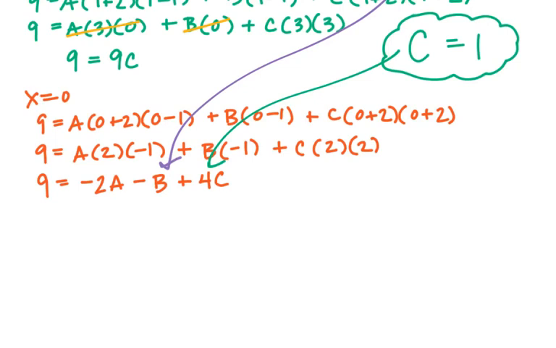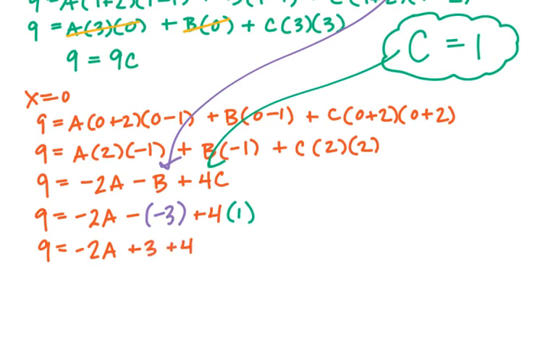And if I do that, we have 9 equals -2A minus, again, B is -3, plus 4, C is +1. So now I have 9 equals -2A plus 3 plus 4, which is 7, and I can subtract that 7 from 9. 2 is -2A, and now I know that A equals -1.